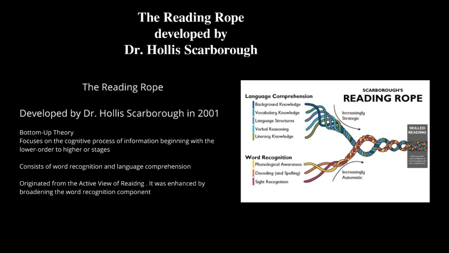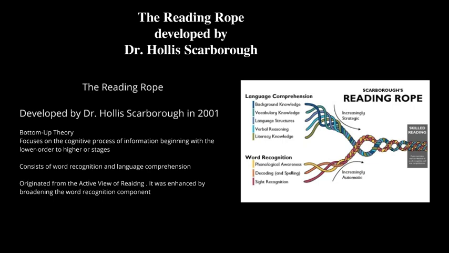Wow, another reading theory. This is so fascinating. Let's dive deeper and learn more about the reading rope. This bottom-up theoretical approach was developed by Dr. Hollis Scarborough in 2001.